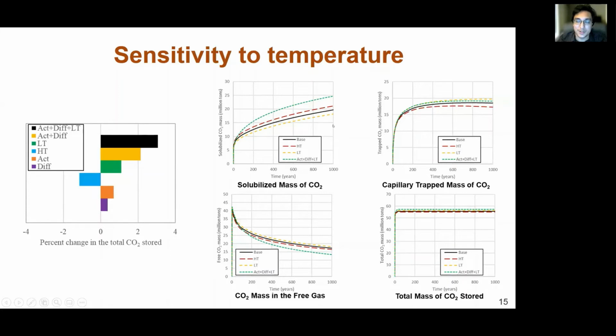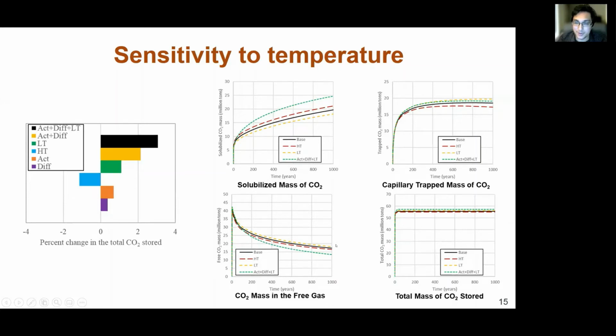Now, if we look at each individual process for the solubilized CO2, as we would already guess, if we decrease temperature, we are going to have less solubilized CO2. If we increase temperature, you're going to have higher solubilized CO2. Now, for the free gas, we would have here basically the opposite.